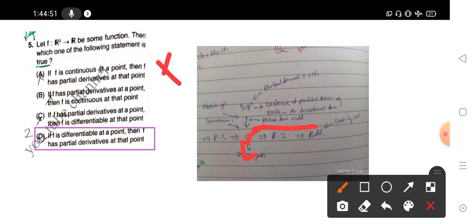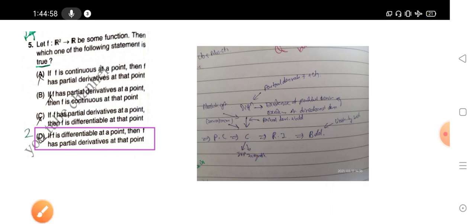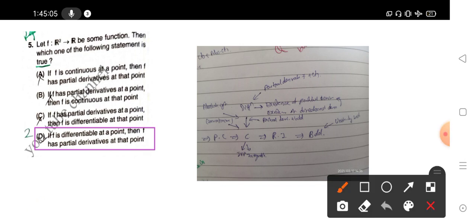In option B, if f has a partial derivative at a point, then f is continuous at that point. This is also not true, because the partial derivative must exist and be bounded to imply continuity, therefore option B is also wrong. Now check option C: f has a partial derivative at a point, then f is differentiable at that point.